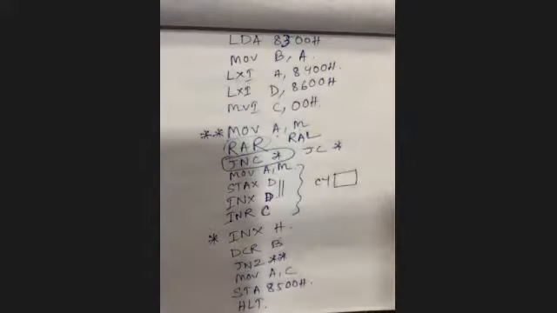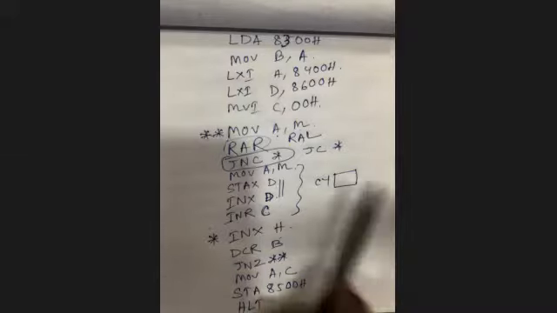Now, if we jump at no carry, then we use JNC, jump at no carry, to find the positive number. Positive means the carry flag is reset. Exactly.